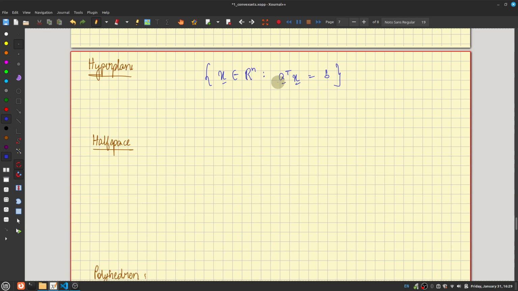So it's the right null space of a rank 1 matrix. So what should be the dimension of the subspace? It's n minus 1. So the dimension of this set is n minus 1.